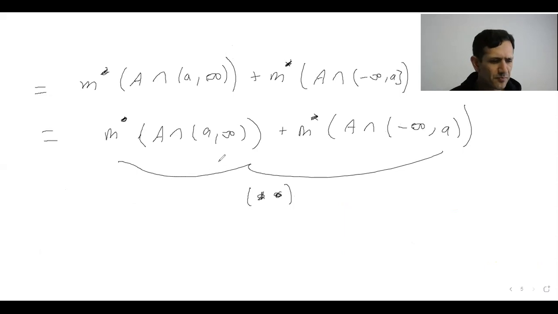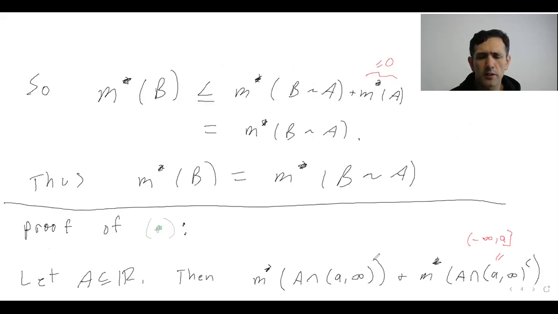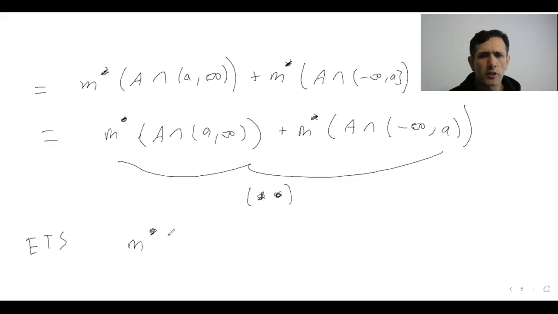I want open A. Okay, right, so what I need to prove is, well, remember, I need to prove that this whole thing here is less than or equal to outer measure of A. Well, this whole thing here is equal to double star star, so I need to prove that double star star is less than or equal to the outer measure of A. So that's my task here.